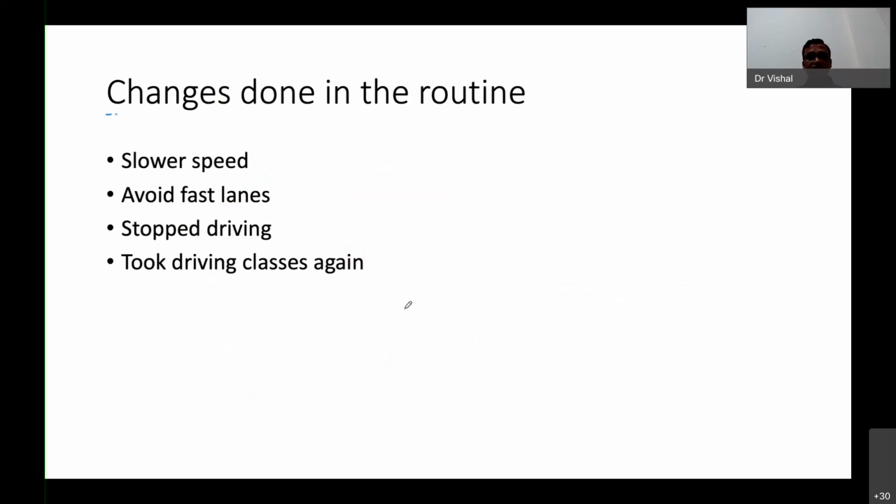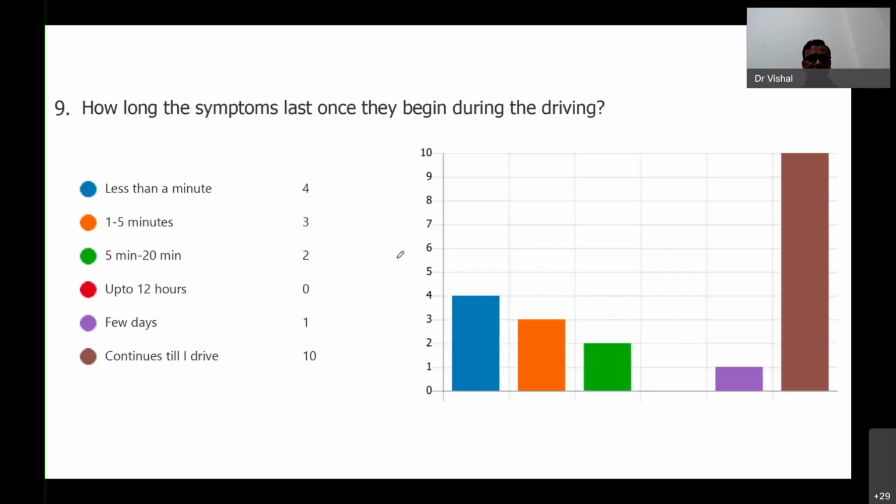Changes made in the routine by some patients were slower speed and avoiding fast lanes. Some of the patients stopped driving, and one of my patients took driving classes again. There is a provision here in the UAE where drivers can take classes again to fine tune their driving.